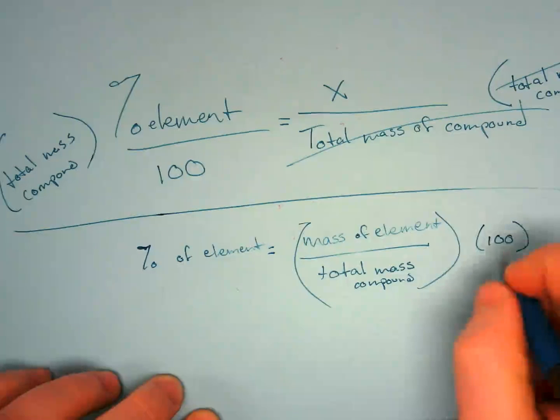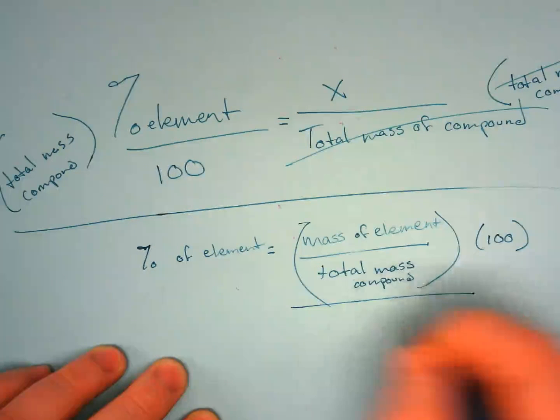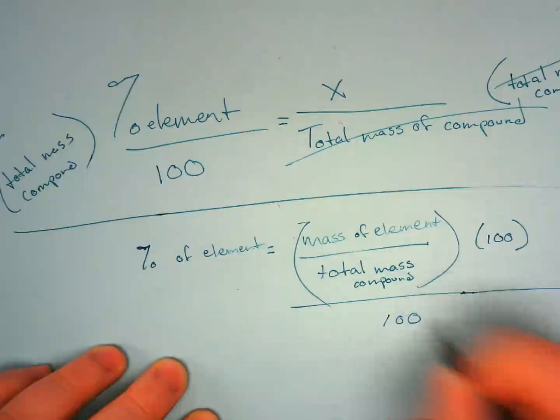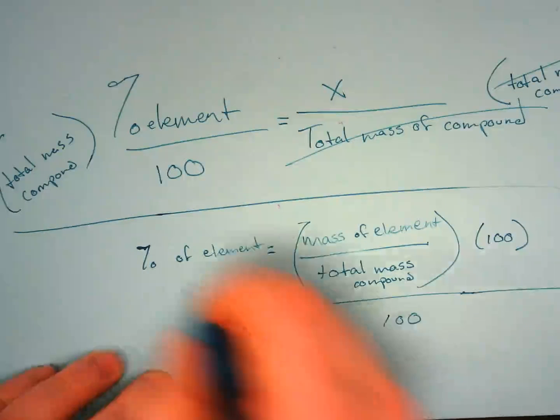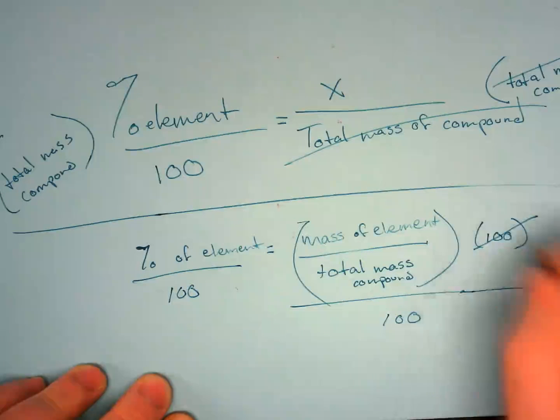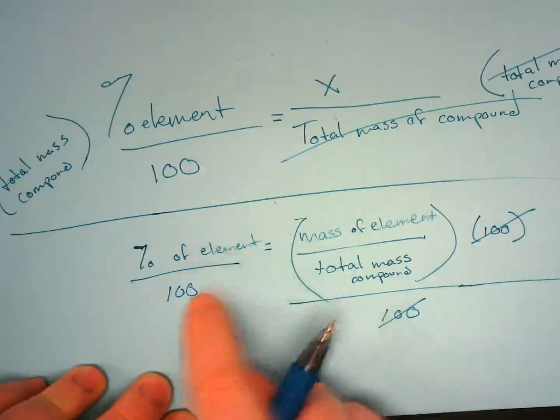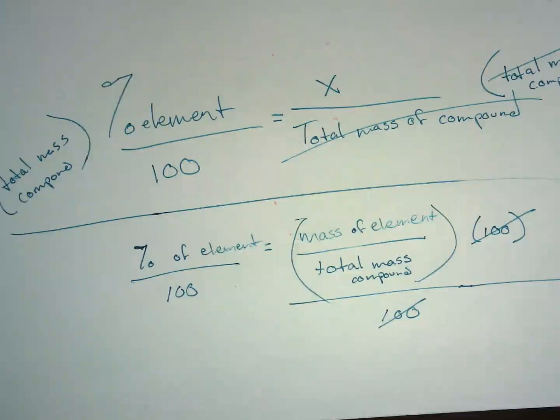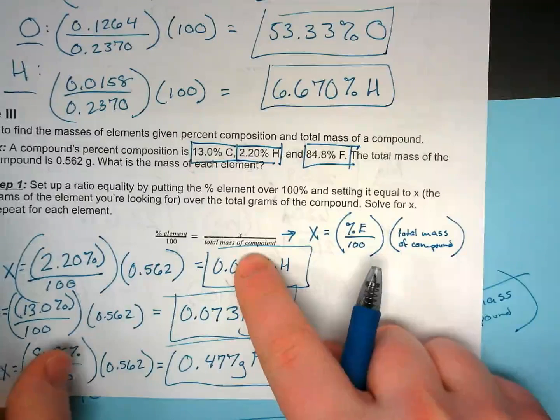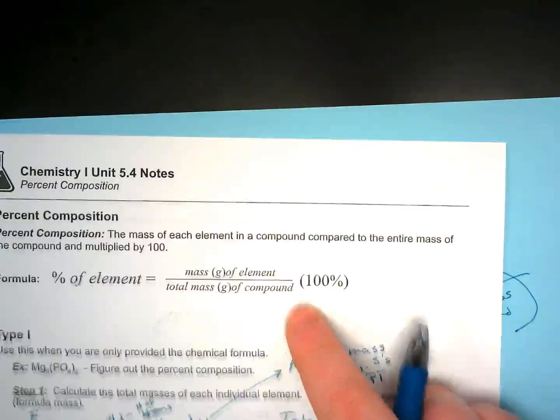All they did was divide both sides by 100. These cancel out, and you're left with this divided by this divided by that. Simple algebra that we should recognize. This doesn't just come out of nowhere. This is simply finding a percentage of something. That's all that is.